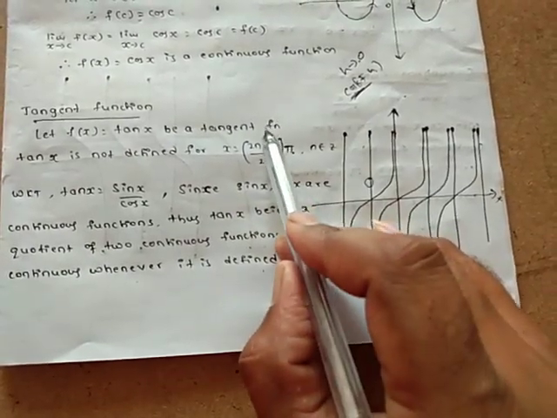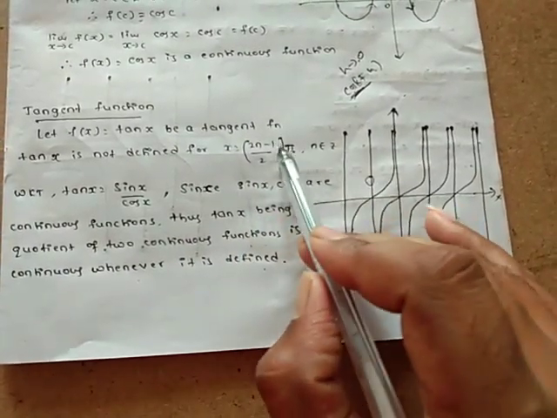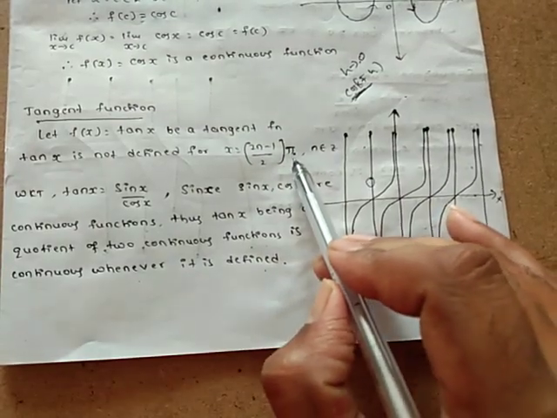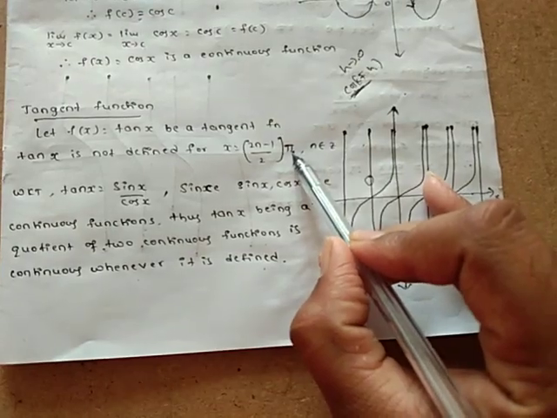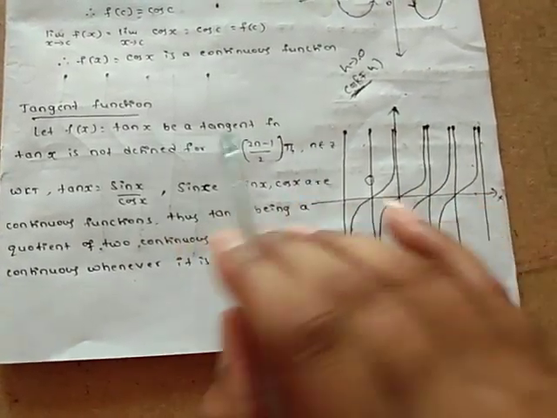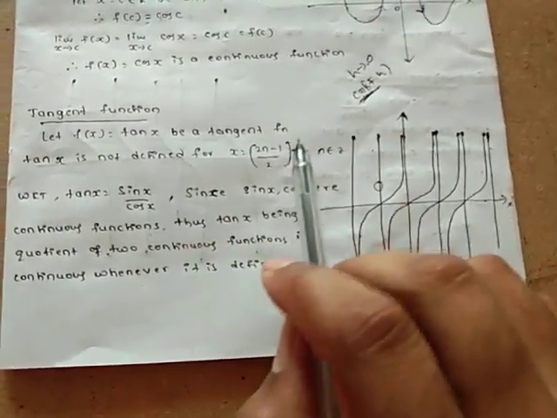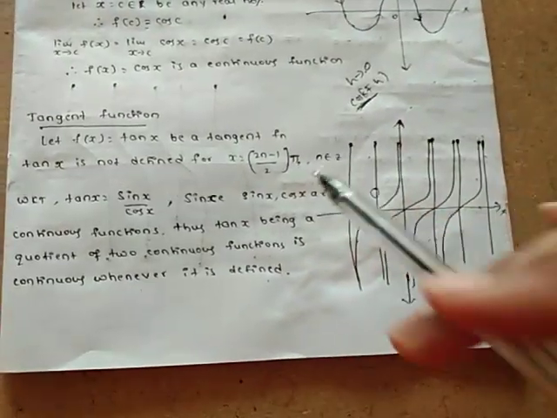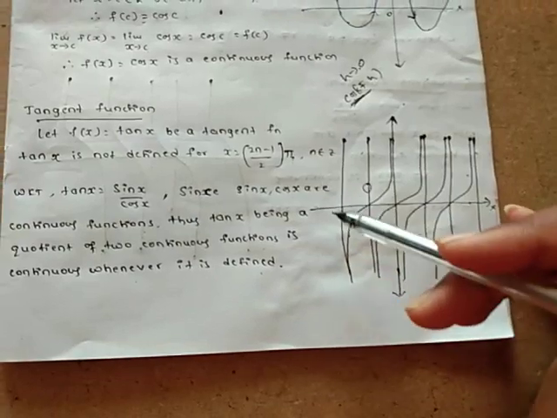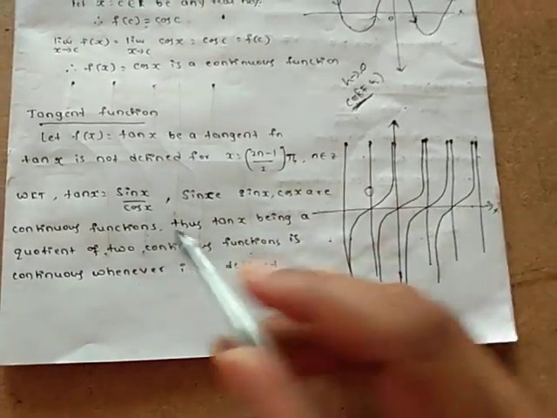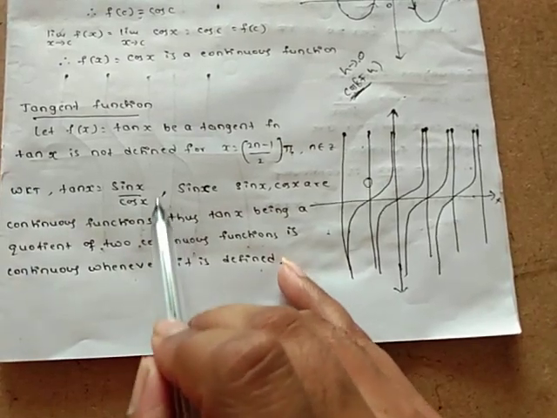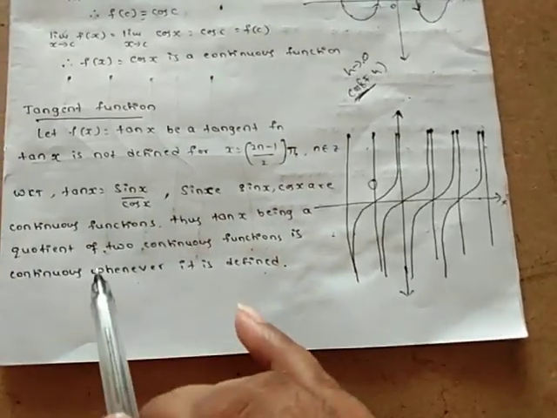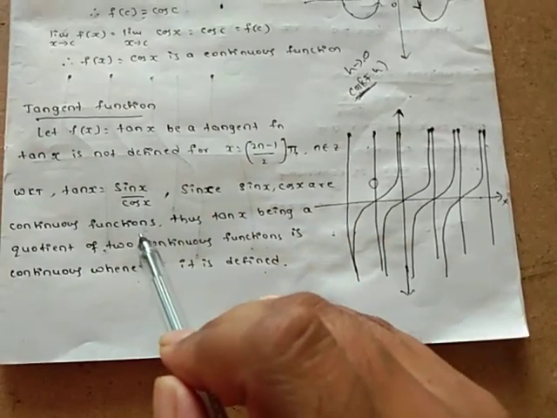Observe here, for x equal to (2n minus 1) divided by 2 into pi, on those points tan x is not defined. Wherever the point is defined, on those points only the tan x function is continuous. Because if the value of cos x is 0, we can't say that the tan x function is continuous, because it moves to infinity.